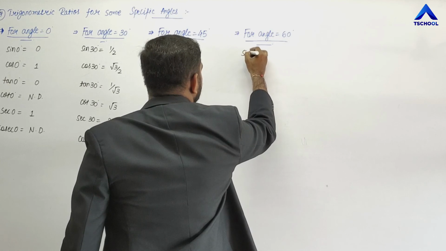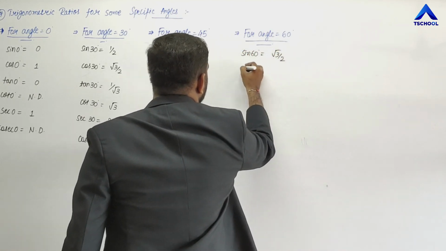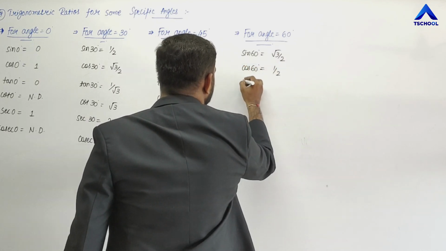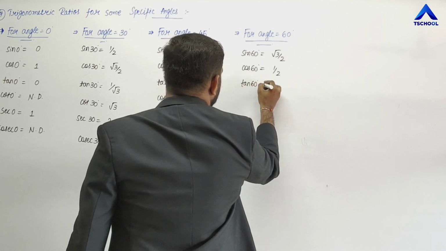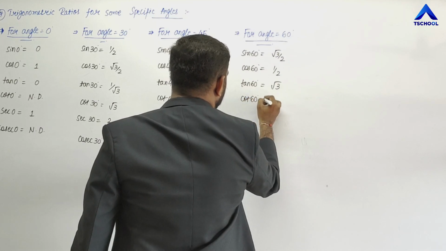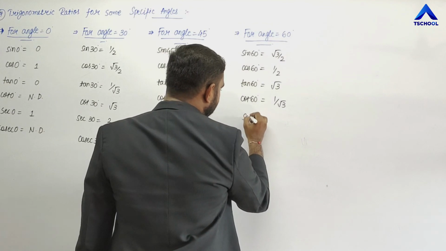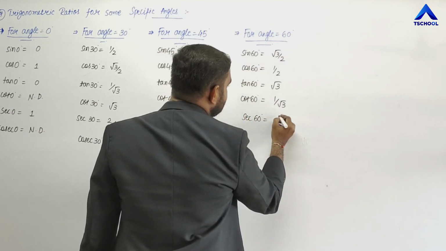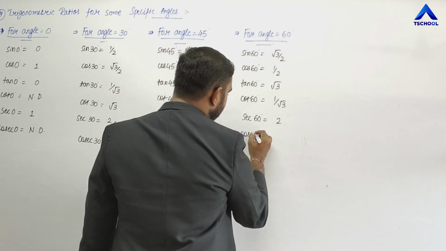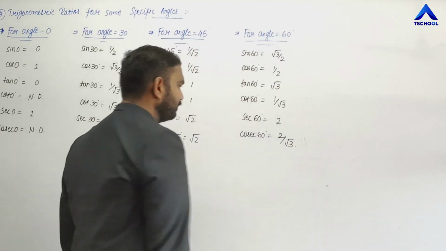That is sin 60 is equal to root 3 by 2, cos 60 is equal to 1 by 2, tan 60 is equal to root 3, cot 60 is equal to 1 upon root 3, sec 60 is equal to 2, and cosec 60 is equal to 2 by root 3.